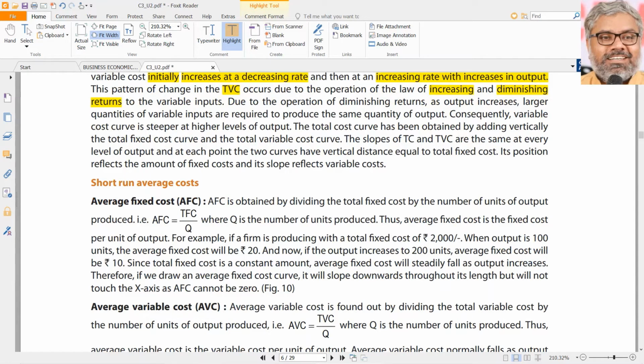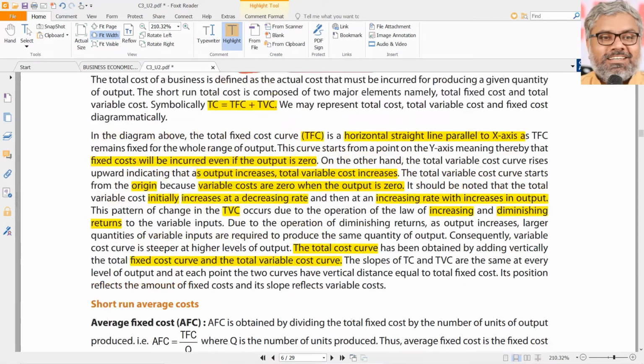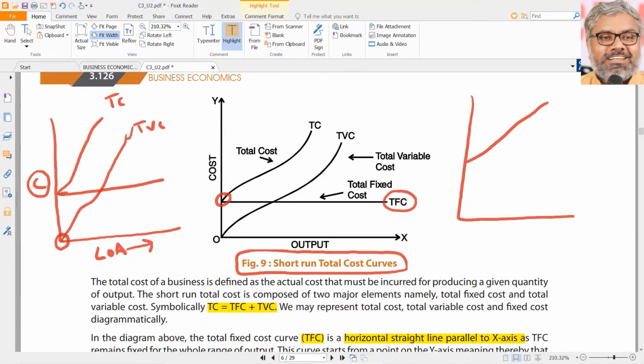Right? Then, what about the total cost curve? Which is nothing but adding the fixed cost and total variable cost curves. If you look at the total cost and total variable cost, the slopes are same. The slopes are same, and there is a distance between them that is indicating what is the magnitude of variable cost.